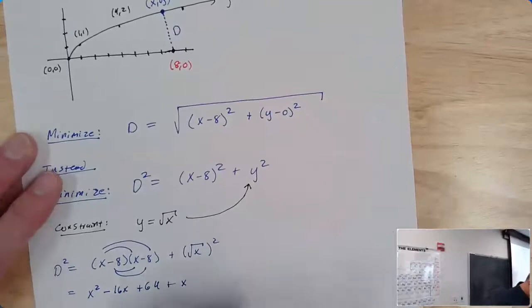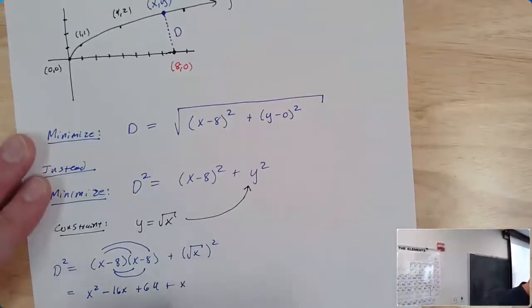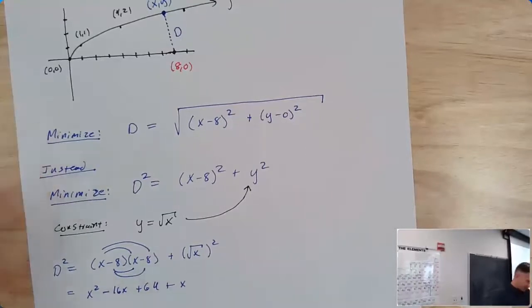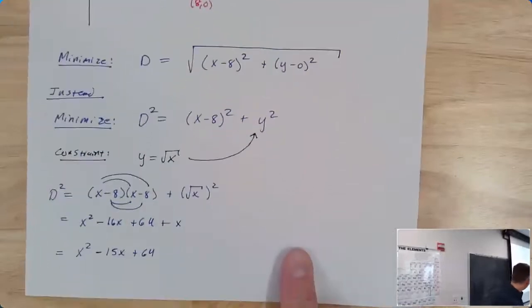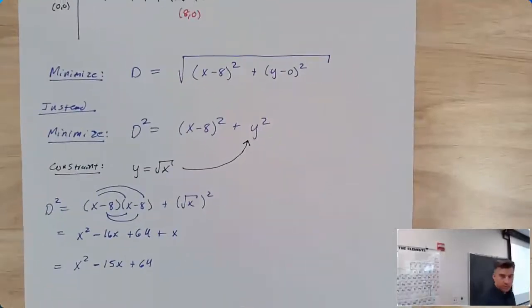So the distance squared is equal to x squared, negative 16 plus 1 is negative 15x, plus 64.